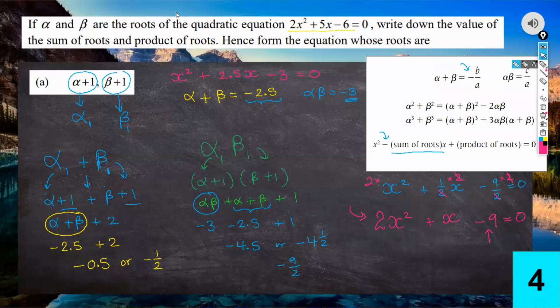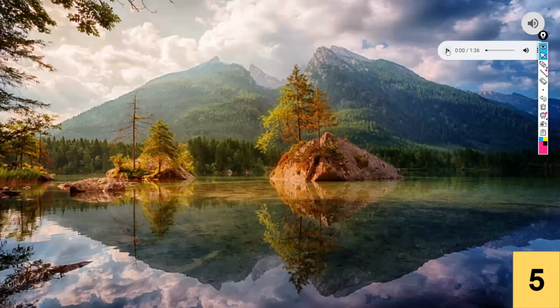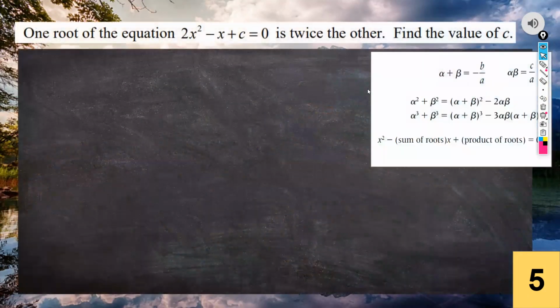All right, so this was a slightly harder question, but it is a possible past paper question. Right, so this one here is a little bit challenging, right?